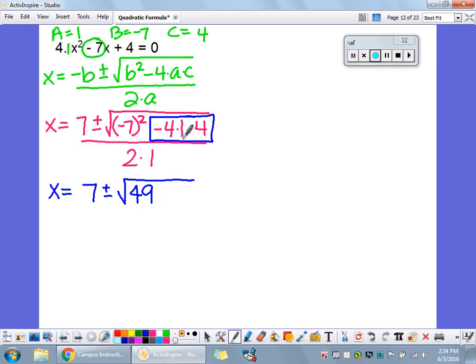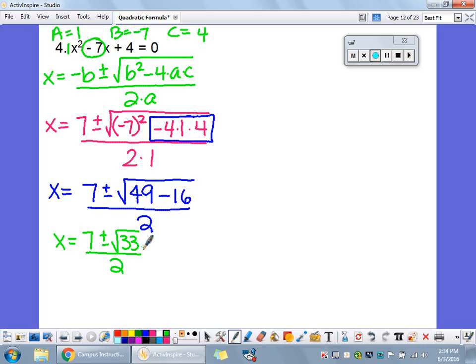So -4 times 1 is -4, -4 times 4 is -16. Whatever sign we get from here, that's what we put with the number here. And then all over 2. And remember, our discriminant isn't complete until we have one number under the radical sign, so we want to combine this first before we're done. So x equals 7 plus or minus the square root of 33 over 2.